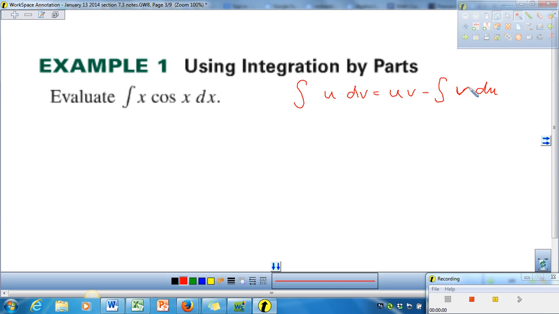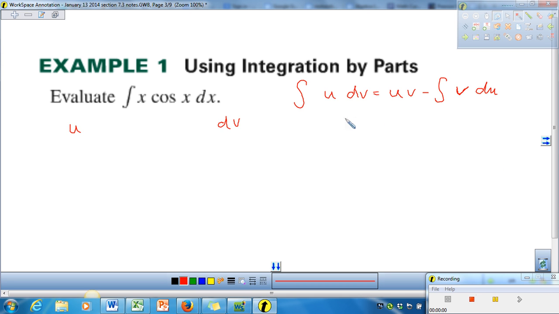That's a v, not a u. So we need to identify and pick the functions that will match u and dv. The first thing we will do is identify u and dv. Now there are different types of problems we apply integration by parts to, and there are different ways to choose your u and dv.